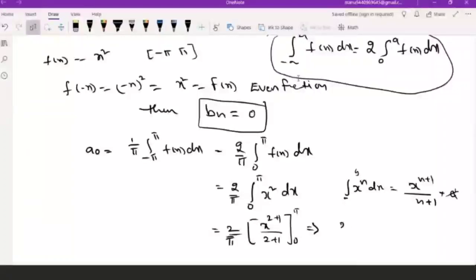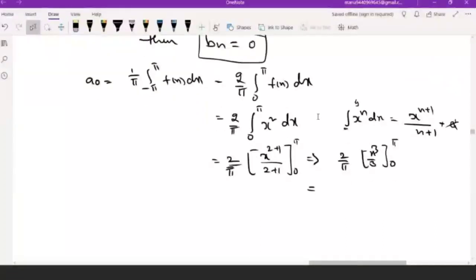That implies 2 by pi times x cube by 3, from 0 to pi. Now we substitute the upper limit and lower limit. I am writing the 3 outside: 2 by 3 pi times pi cube minus 0 cube.